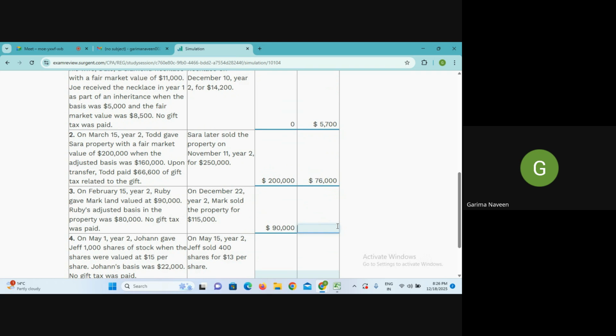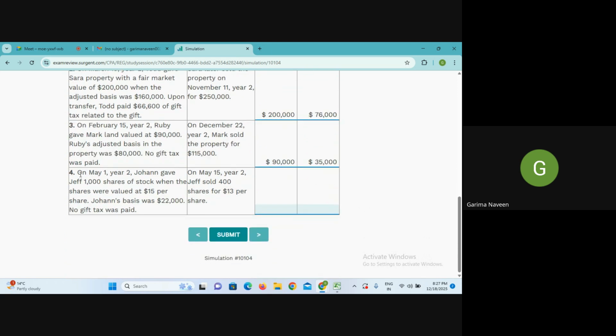In the case of a gift, the donee's basis will be the carryover basis. 35,000, 115,000 minus 80,000. Yes, correct. So here the donee's basis will be the carryover basis, which is 80,000, and he is selling for 115,000. So 115 minus 80 will give you the gain or loss amount.